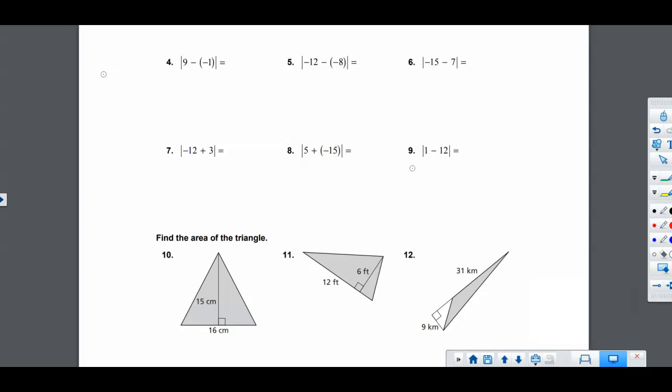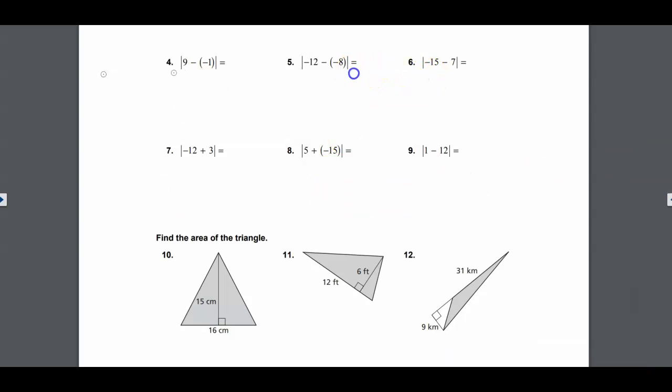If you have 9 minus -1, wherever you see subtraction and negatives together, there's a rule that means you add the opposite. So the subtraction turns to a plus, so it would be 9 plus the opposite of the second term. If it's -1, that's going to be +1. So we have 9 plus 1 is 10, and the absolute value of 10 is 10.